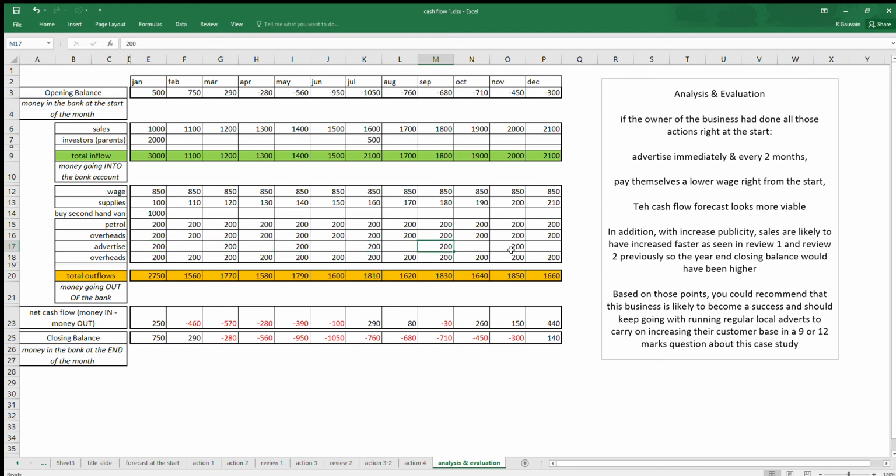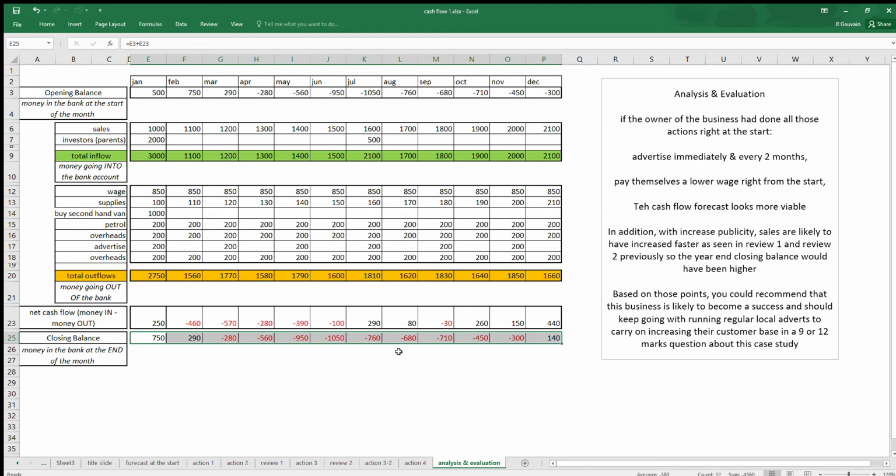Now, in this table, I've only updated those costs. I did not touch the sales level, which are the same one that they predicted right at the start. And you can see that if you put this data together, the balance, a closing balance, is reasonably all right.